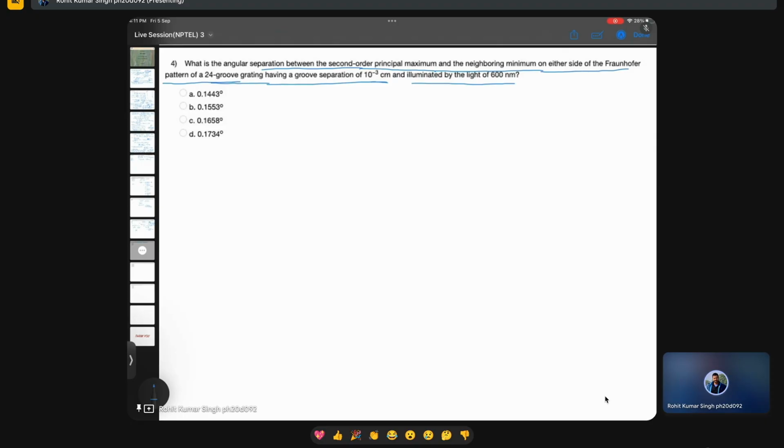So what it is asking us is the angular separation between the principal maximum and the neighboring minimum. So basically this separation, this delta theta that we calculated here, right?